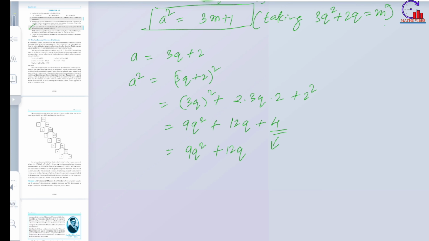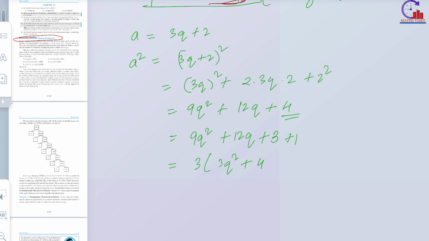So this is equal to 9q square plus 12q. I can split 4 into 2 parts, that is 3 plus 1. So if I take 3 as common, this is 3 into 3q square plus 4q plus 1, plus 1. So this is equal to 3 into m plus 1. Here I am taking 3q square plus 4q plus 1 is equal to m, right?